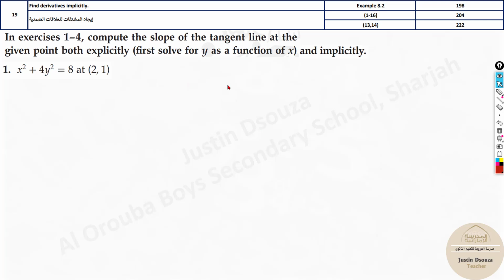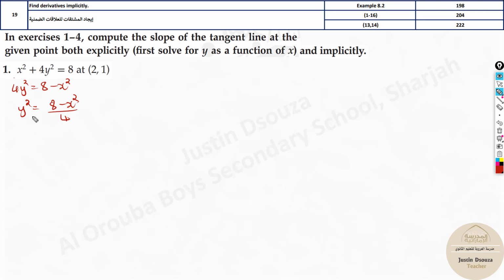Now here in this problem, they have told us to find explicitly and implicitly. That means we have to do both. What is explicit, by the way? Explicit is, you have to get y at one side and all the other terms at the other side. For example, this is the equation, right? Let's rearrange this. Let's keep y alone: 4y squared equals 8 minus x squared. Take 4 to the other side. It will be y squared equals 8 minus x squared by 4.